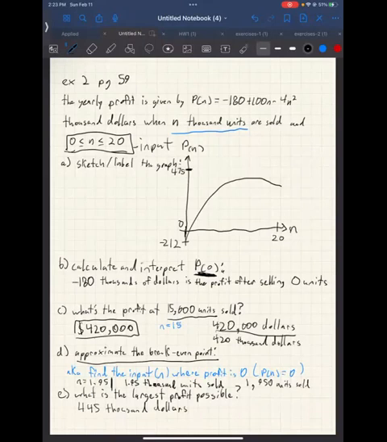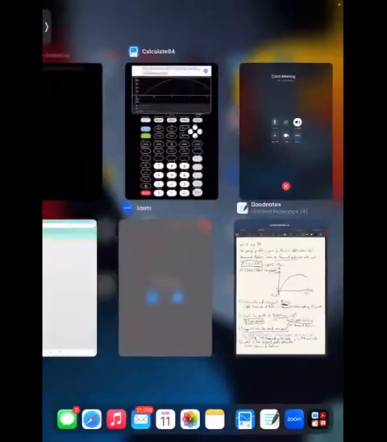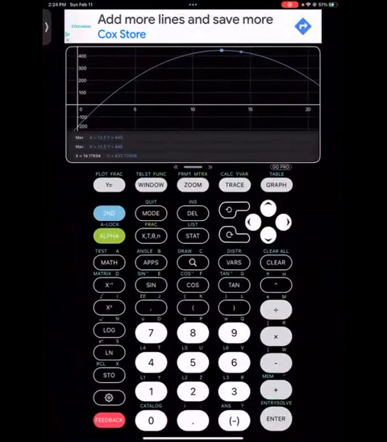So the interesting thing here is that they could ask, when does this happen? Or how many units do you have to sell for that? Now, this question didn't, which means we fully answered the question already. But they could add on at what input does this happen? And that's when we use the x here. So it said x equals 12.5.